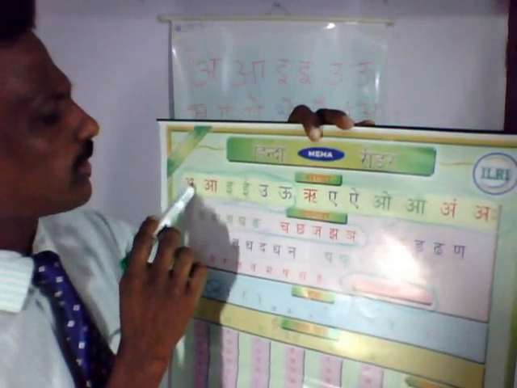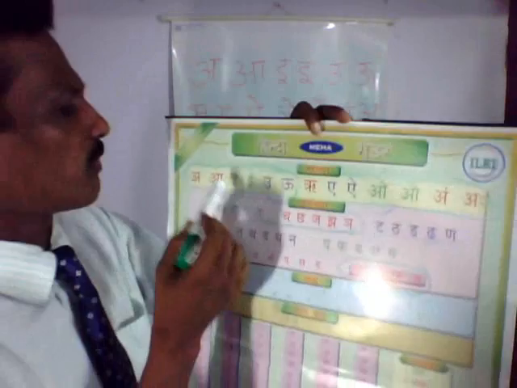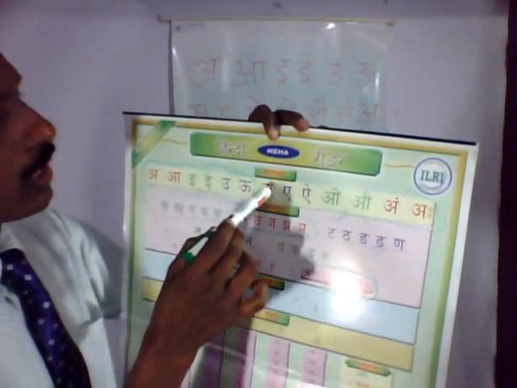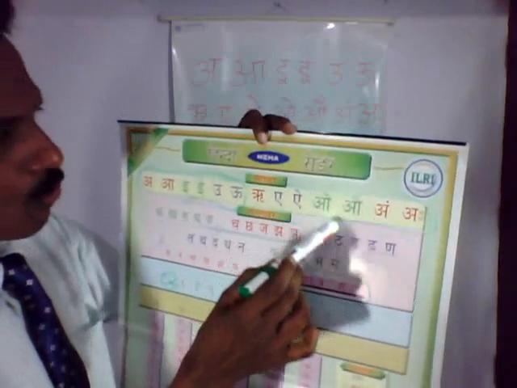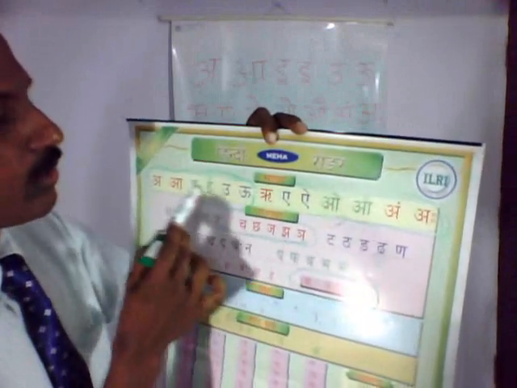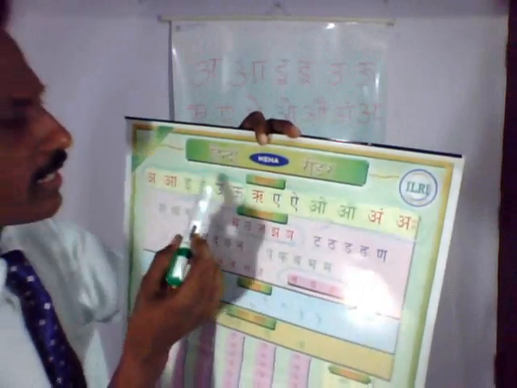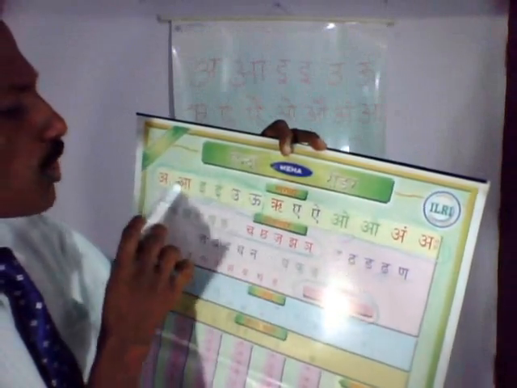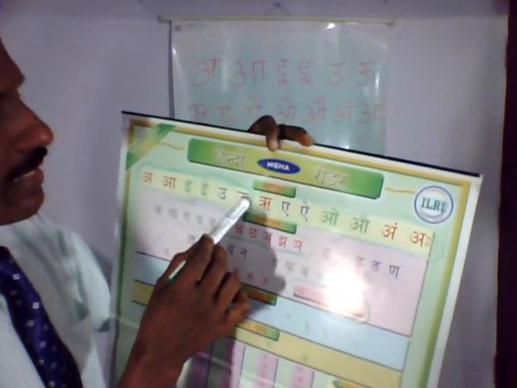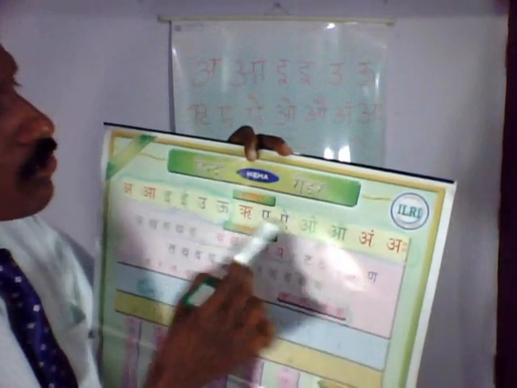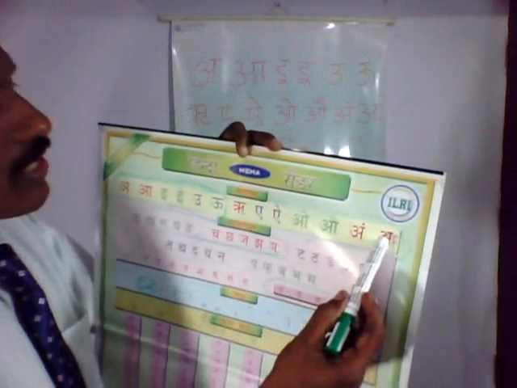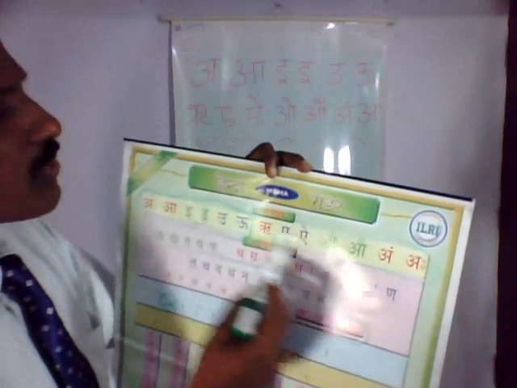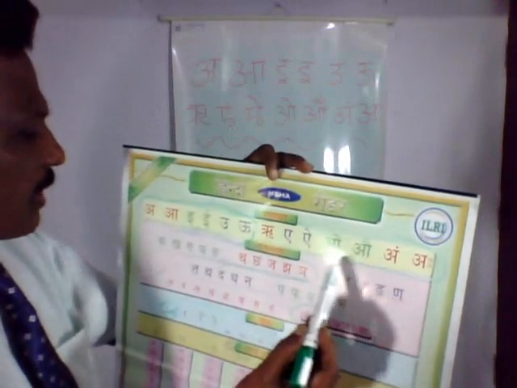First of all I tell you the names of the alphabets: a, aa, i, ee, u, oo, ri, e, ai, o, au, am, ah. These 13 letters are to be divided into two classes: the first 6 letters to be practiced in the first class, and the other 7 letters to be practiced in the second session. So vowels we can divide into two classes like that.